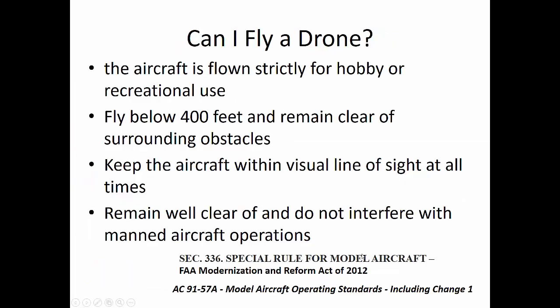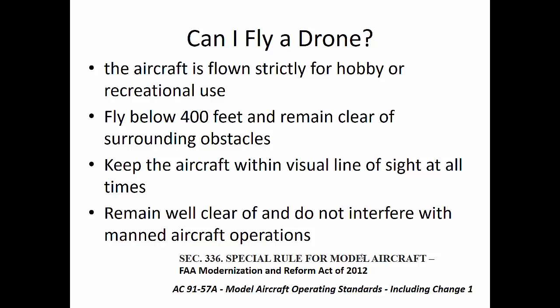If you are flying a drone only for recreational purposes, you have to maintain an above ground level of 400 feet or below. Remain clear of surrounding obstacles. One of the things that's not completely in the recreational rules, but that the FAA will definitely bring up, and it is part of the rules in a business use, is keeping visual line of sight.